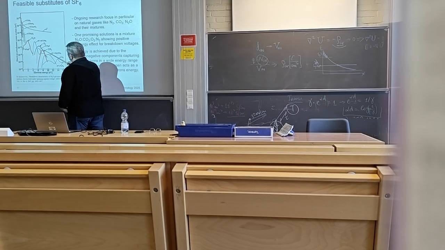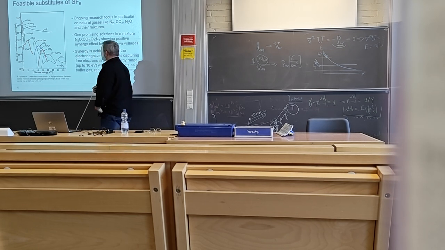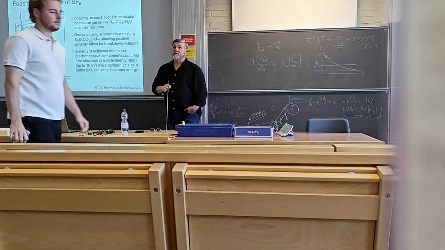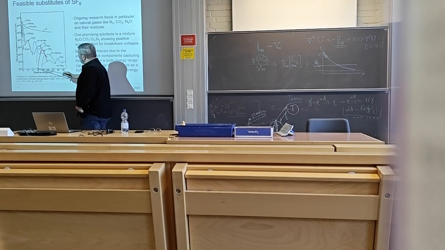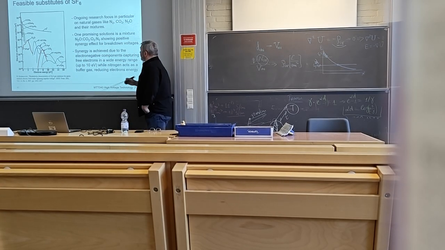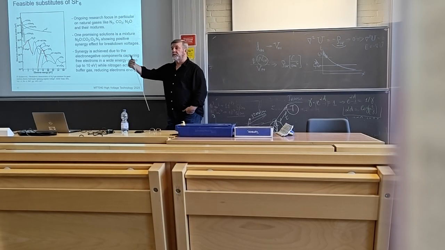These cross sections of oxygen and CO2 overlap in some energy range, but they provide the conditions to efficiently extinguish the avalanches which have already developed, where the electrons are in the region of 5 to 10 electron volts. So that's the idea, and it's a synergy effect, where each component does its own job.